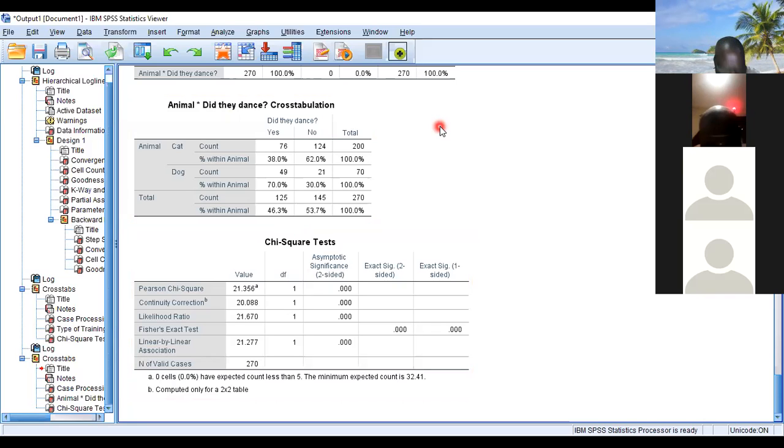Yes, sir. So, like all these chi-square that we have here now, which one is the best to use to interpret this table? We have Pearson chi-square, we have continuity correction, we have likelihood ratio, linear by linear, and all of that. You remember when we were doing our chi-square class, we talked about continuity.